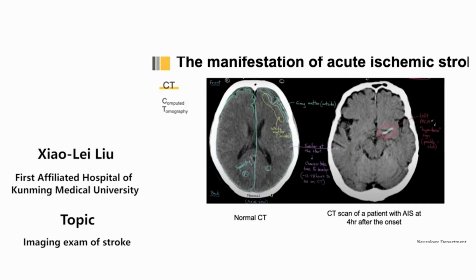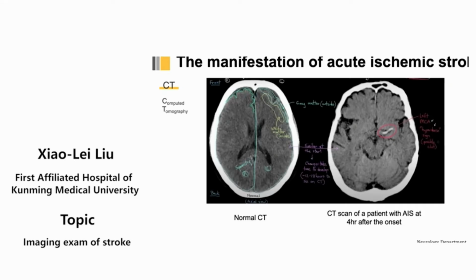But what about a brain that has a stroke? Within the first few hours, it would look pretty much like this normal CT. There is little difference in the first few hours after stroke, because the changes that happen in the brain during and after a stroke take time to develop.